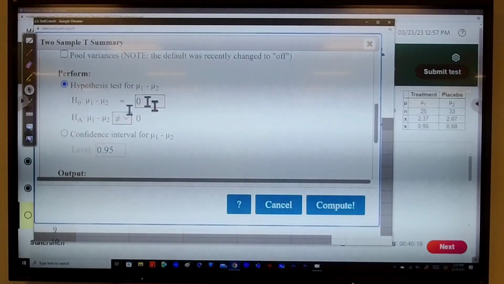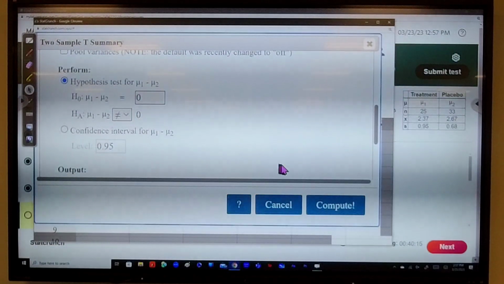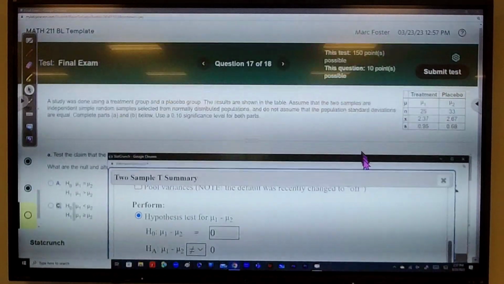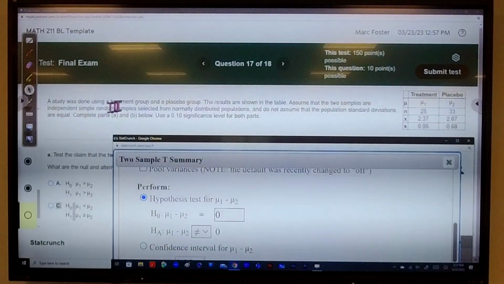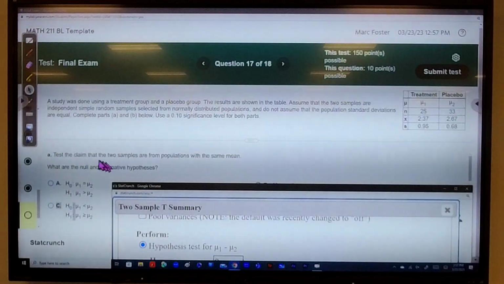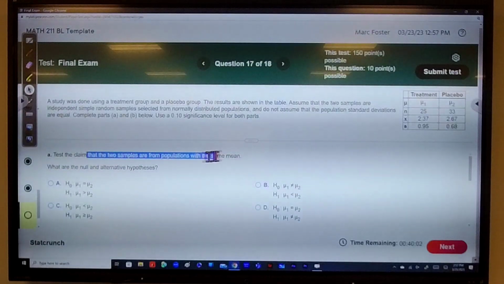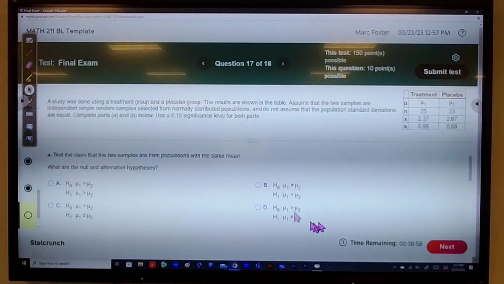And if you're testing the difference of two means, mu1 minus mu2 is always 0. However, what are they asking us to check? Test the claim that they're from populations with the same mean. So that means we're using a not equals.